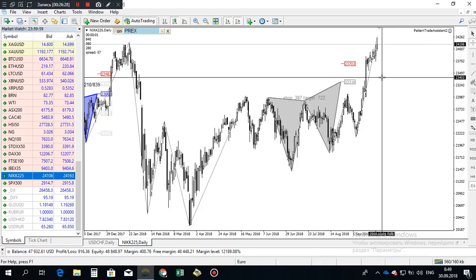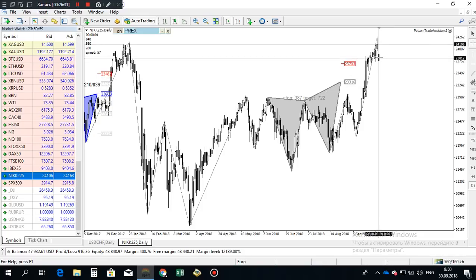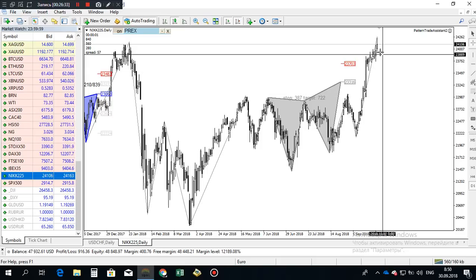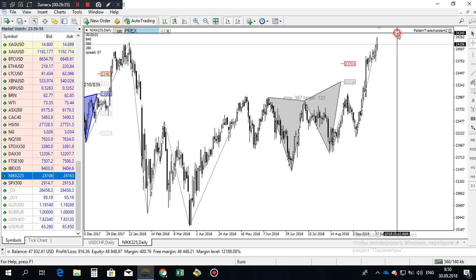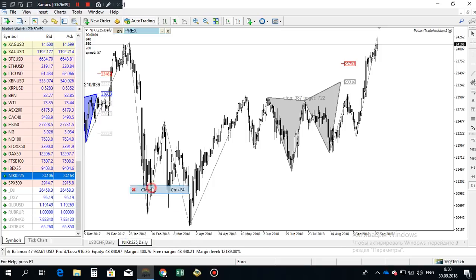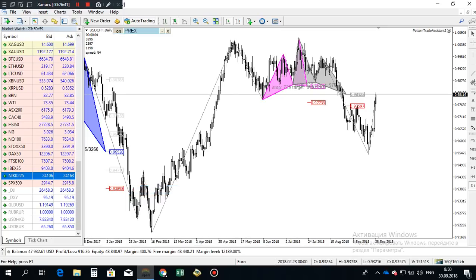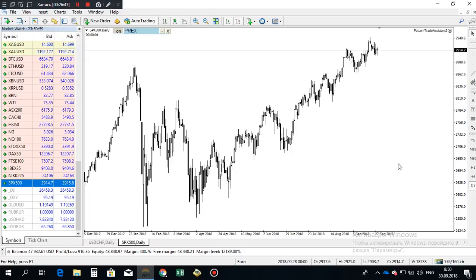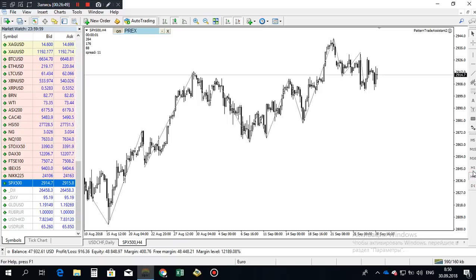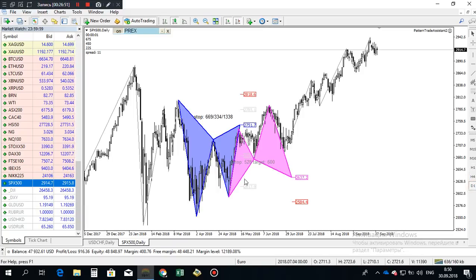So this is what I was talking about: when it violates the pattern, breaking through with this big candle, there is a higher probability of continuation rather than reversal. So the pattern also shows you a continuation, not only reversals. And S&P 500. Download some data. Okay, nothing is there.